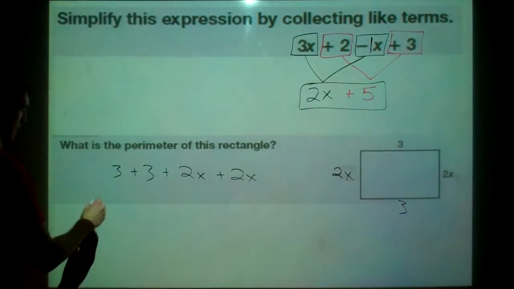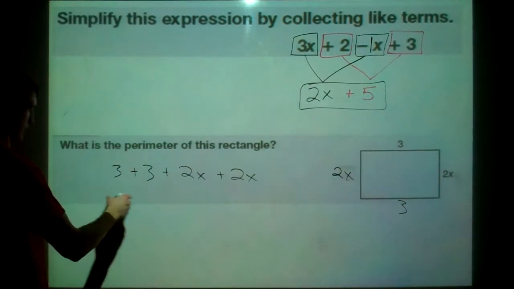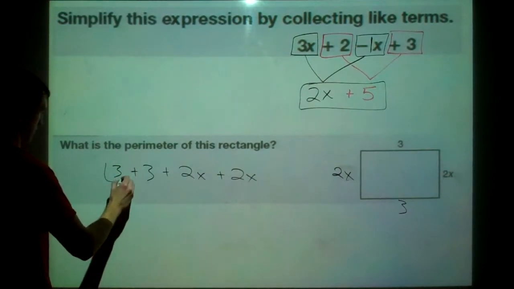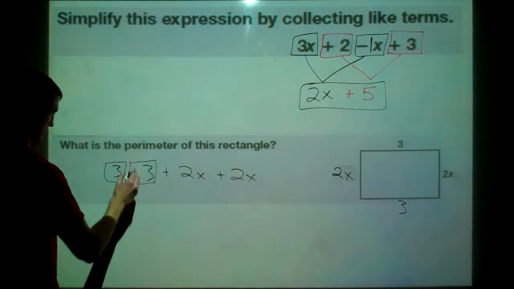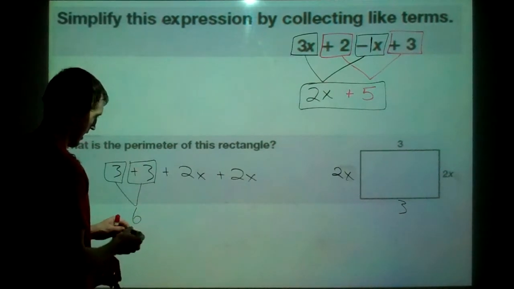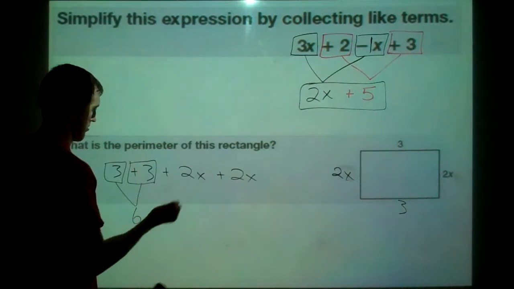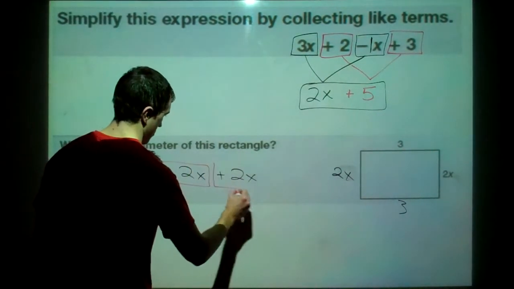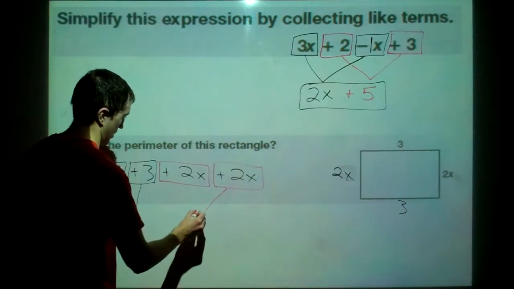Alright, so we know we've got two constants we can add together. 3 plus 3, we'll get 6. And we also have positive 2x plus another positive 2x.